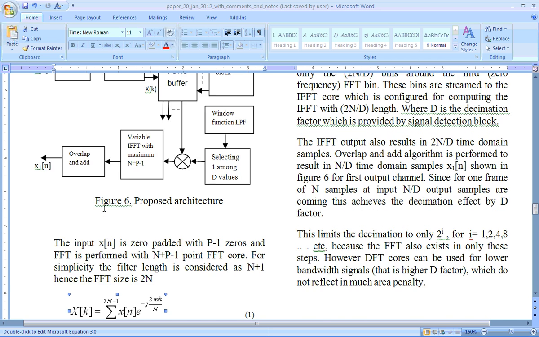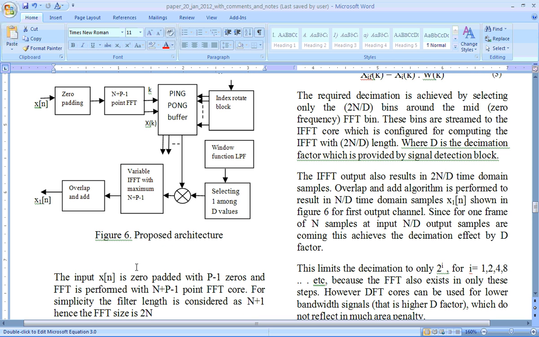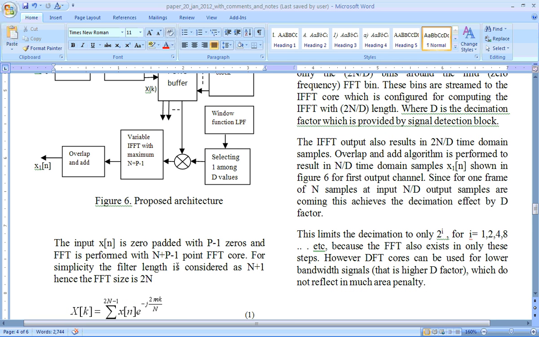What I am trying to explain is the process done in this architecture. The first process is X of n is padded with zeros. The second process is FFT performed. I am just trying to explain the whole process here.